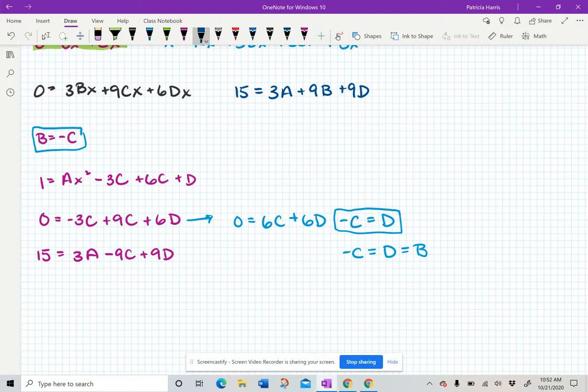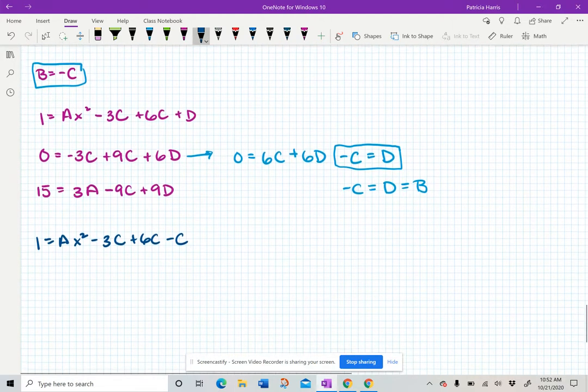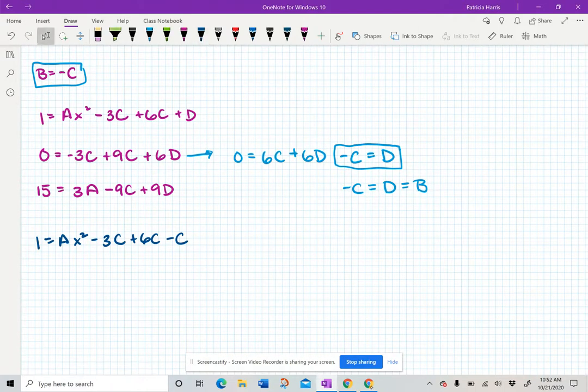Okay, so now I have top equation 1 is equal to ax squared minus 3c, I'm going to keep the c, plus 6c negative c. Now remember, d is equal to negative c. Okay, I kind of already used this middle equation right here.